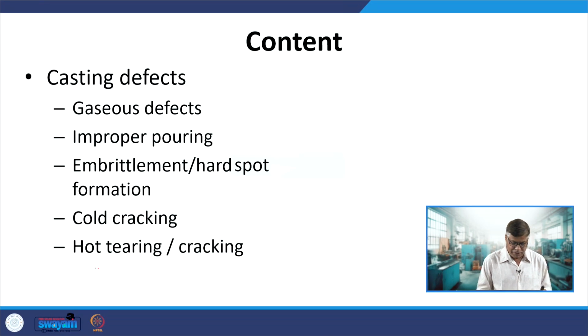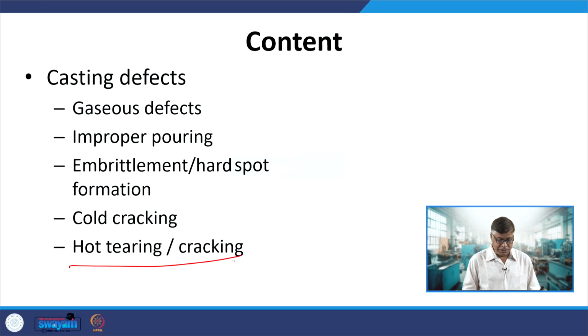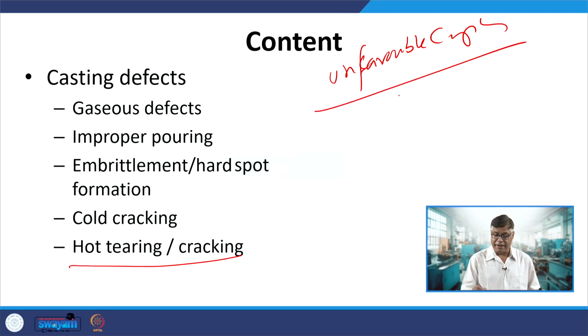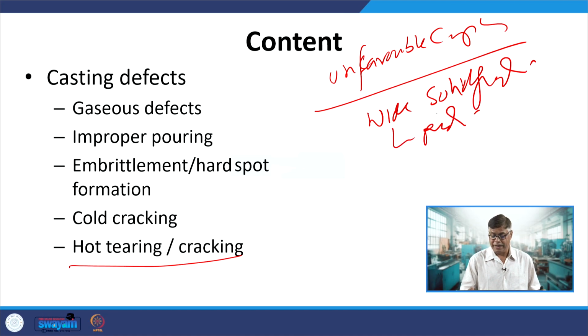Okay. Coming down to the next one, which is another metallurgical issue. This happens due to the unfavorable composition, especially when the composition leads to the formation of a wide solidification temperature range.